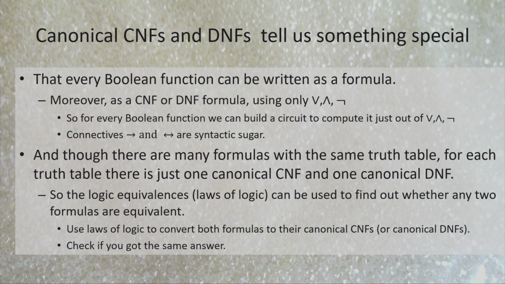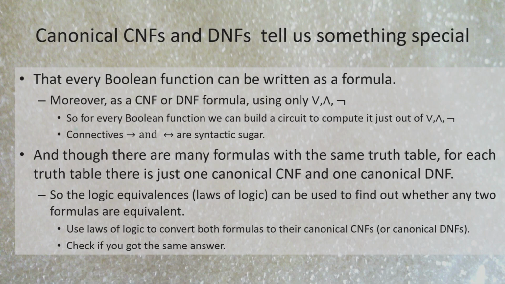Why is it relevant? Well, you could actually show that given the logic equivalences, you could convert every formula into its canonical CNF or canonical DNF. Now, here is a strategy for checking whether two things are equivalent by using only the rules of logic without explicitly writing the truth table.